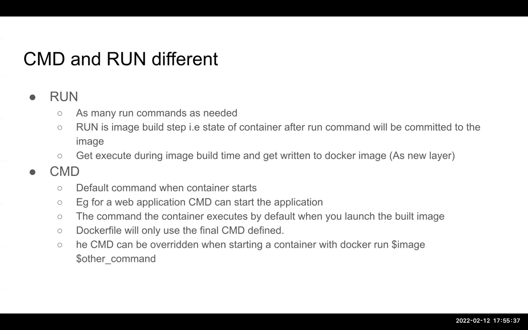Someone was asking me, we used docker run -d, and then after that we gave the command tail -f /dev/null, so that the container does not crash. That would have overridden any command which was in the Dockerfile of that image. So this is the difference between RUN and CMD.